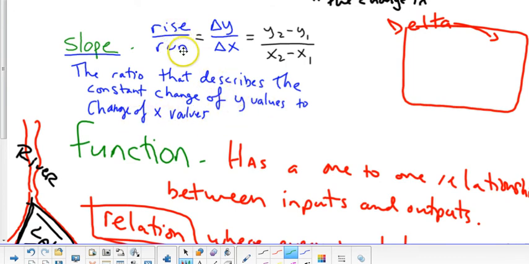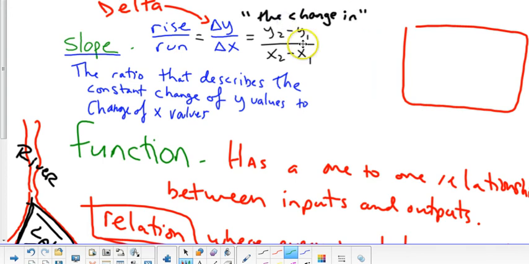We refer to it as rise over run, and we're going to describe it a couple different ways. This triangle y over triangle x, that triangle is a Greek letter delta, and delta means the change in. So the change in y divided by the change in x. How the y values change compared to how the x values change, that's the slope.